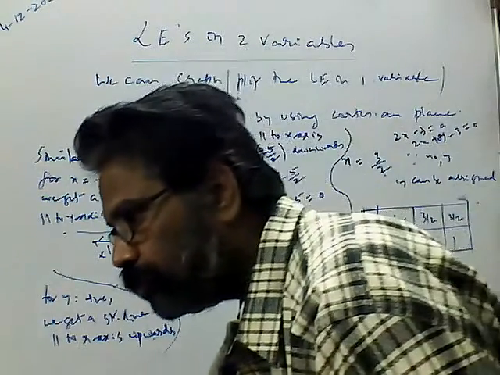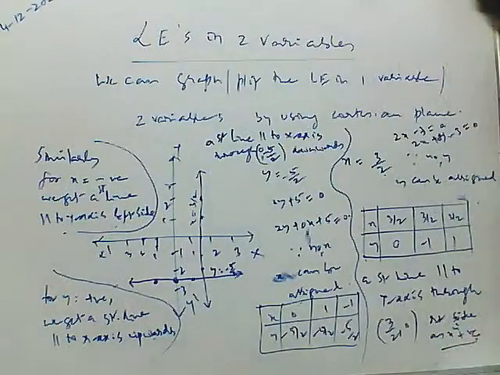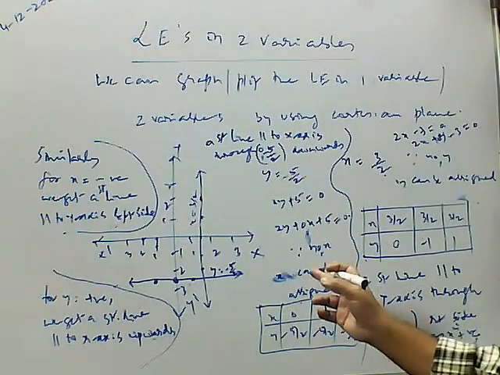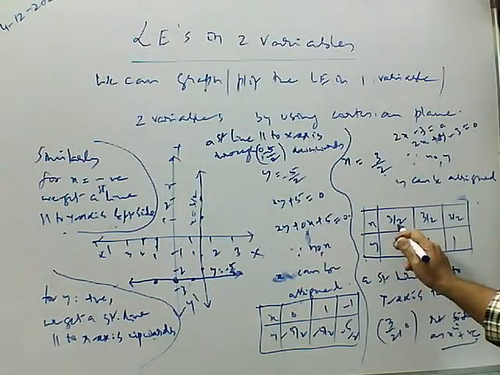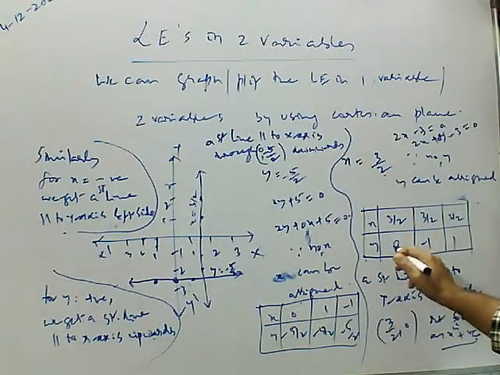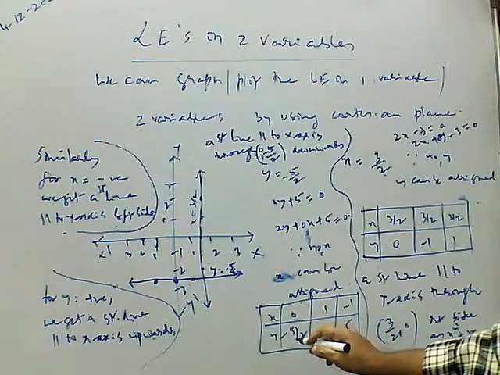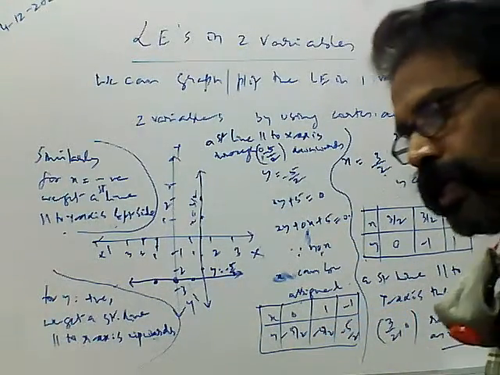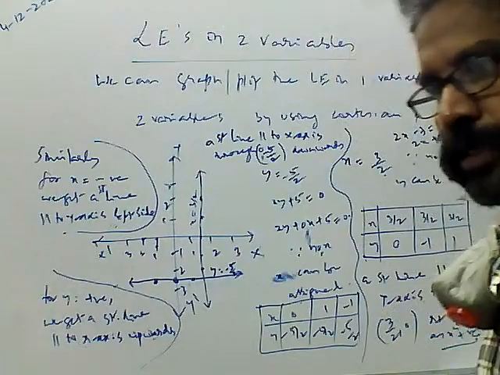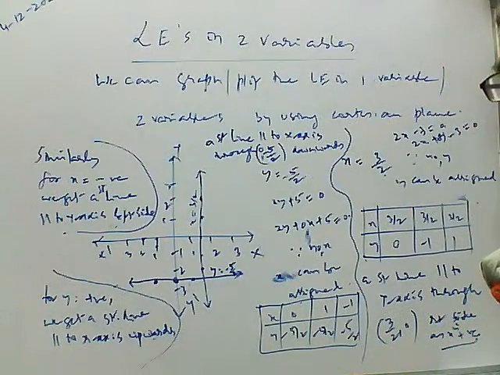Noted? Have you noted? You already know how to plot points. According to each graph, we got the points. The x value is fixed here because x is the only variable, and the y value can be anything. Here y is fixed because the y value is given in the equation, and x can be any value. We have taken one positive, one negative, one zero. This is about linear equation in one variable.